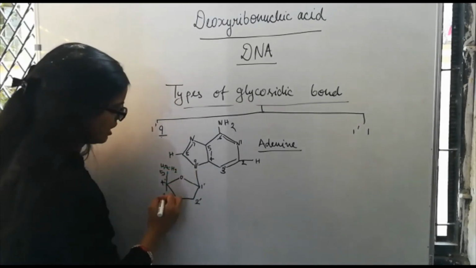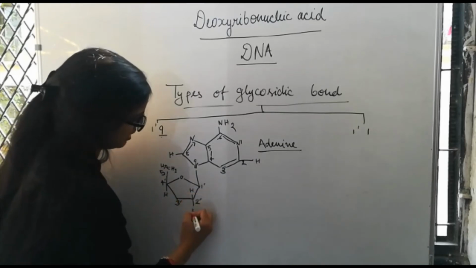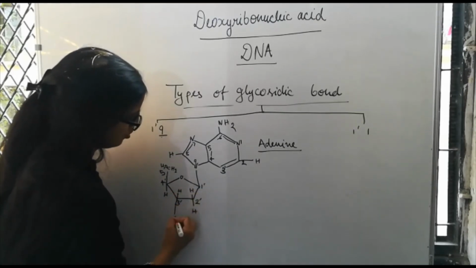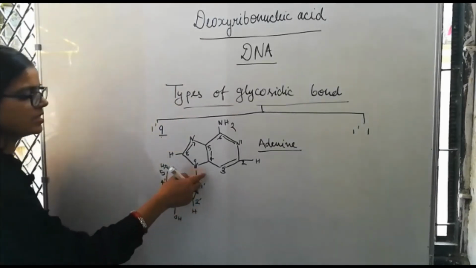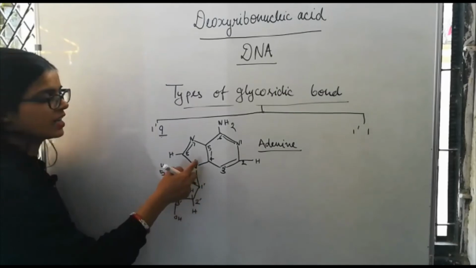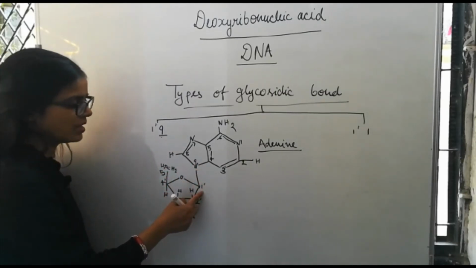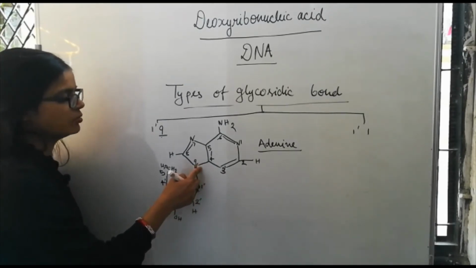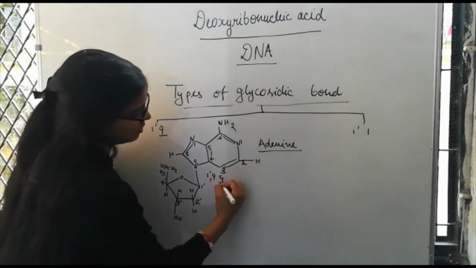CH2OH, and here is H and H, OH. So you can see the 1-9 glycosidic bond. The 1' position of deoxyribose sugar is attached with the purine's 9th position, so it is a 1-9 glycosidic bond.